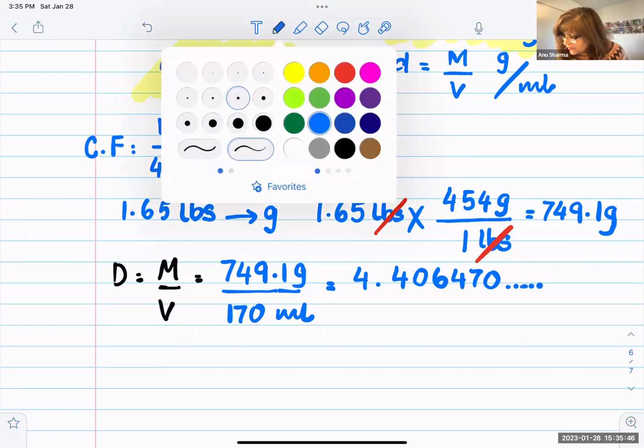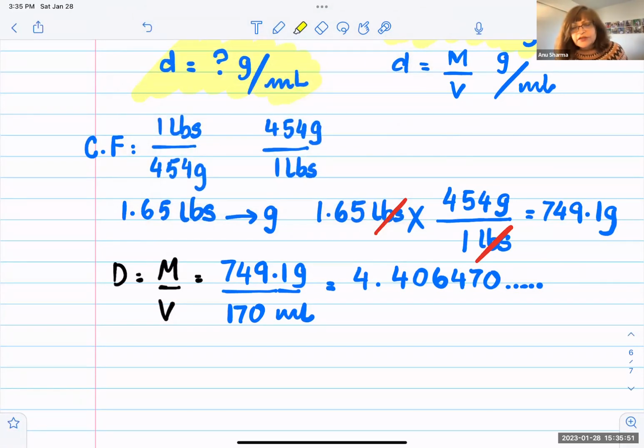Now, here's something you have to keep in mind, especially for density questions: wherever there are measurements, you are required to use significant figures. That's understood. Measurements use a measuring device, and significant figures are always used.